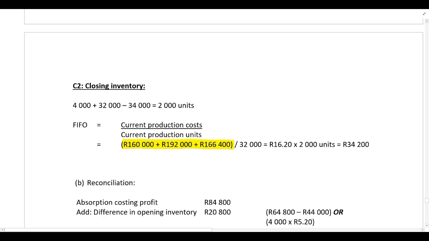You divide by your current production in units. Remember, that's the formula that we use for the first in, first out method. So that gives me an inventory value of 16.20 Rand per unit. We already calculated previously that there are 2,000 units sitting in closing inventory. So you can then calculate the value of your closing inventory.